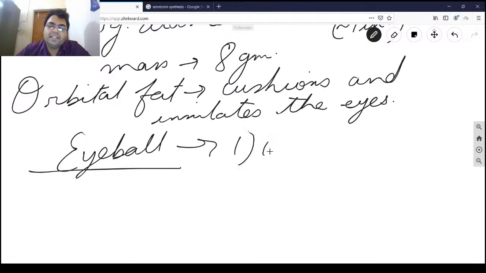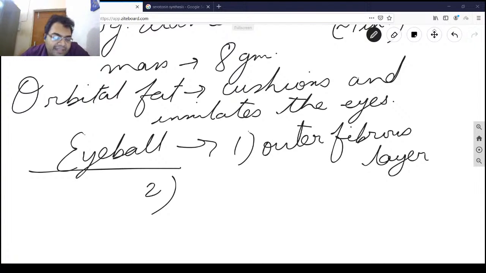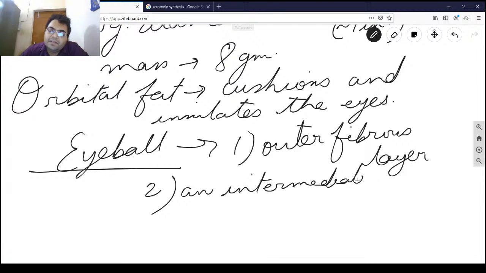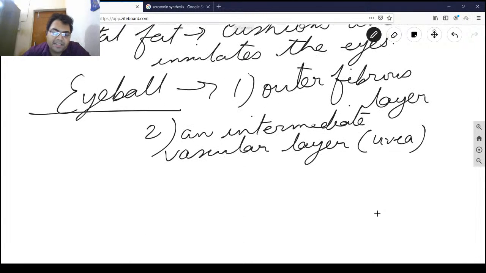Then you have the vascular layer, in the middle between the two, which is also known as the uvea.